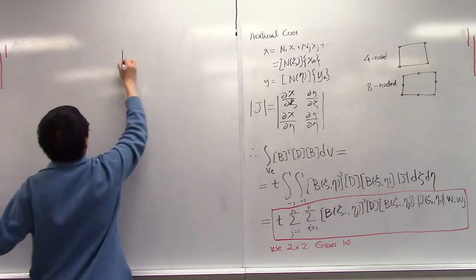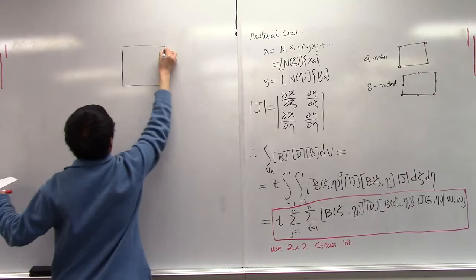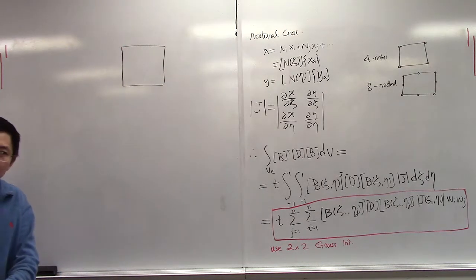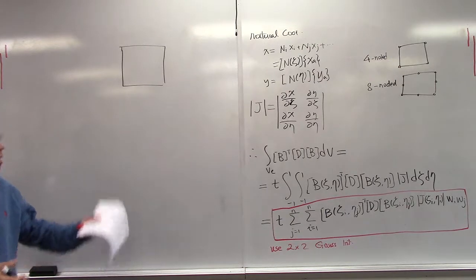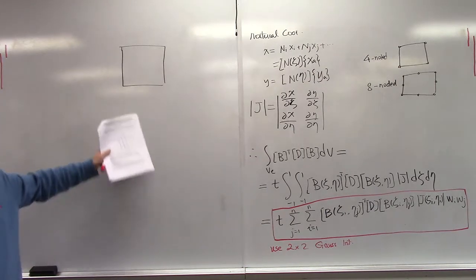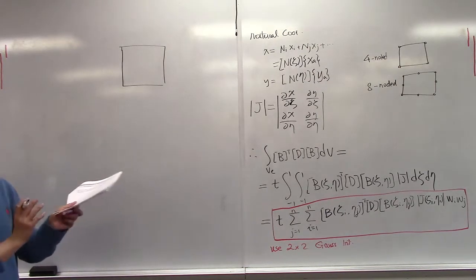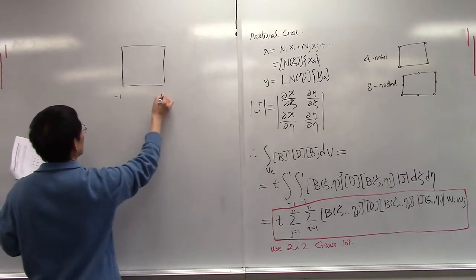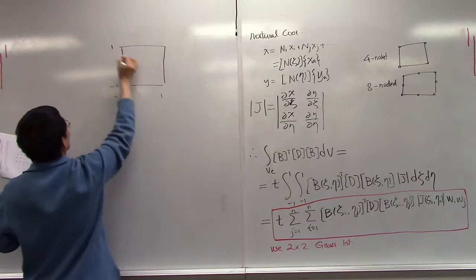A 2x2 integration looks like this. This is the element. When you transform coordinate into natural coordinate, every element is just a square of size 2 by 2. Okay, this is from -1 to 1. This is -1 to 1.